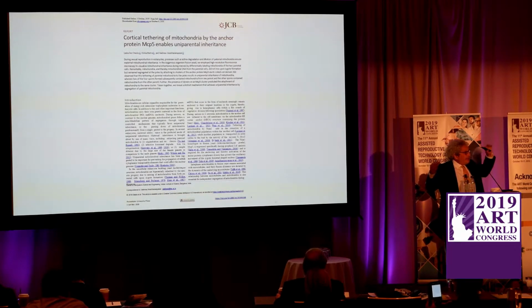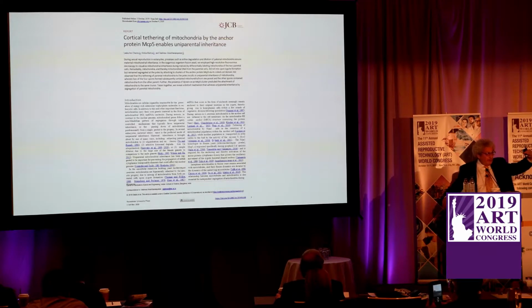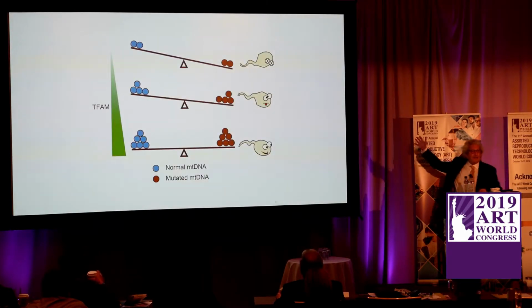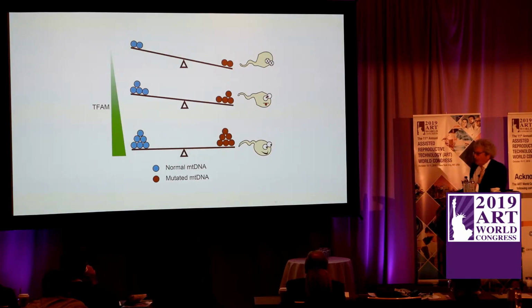So just because you have some plasma membrane over the meiotic spindle, it may be preferentially sending mitochondria to one part. There's another extraordinary paper looking at mice with mutant mitochondria. So these are mice with mutant mitochondria, and they're infertile.